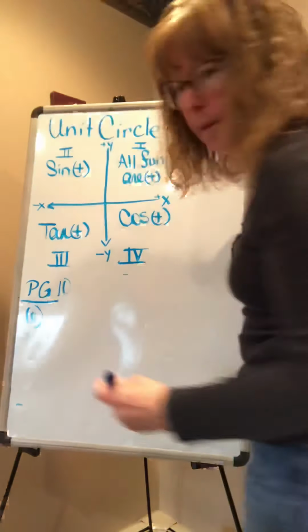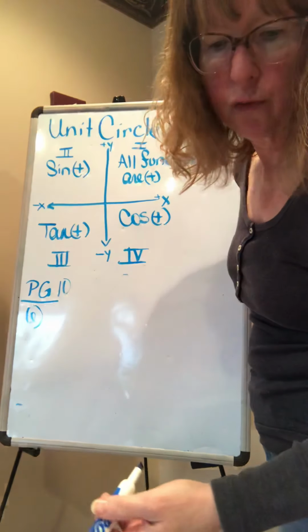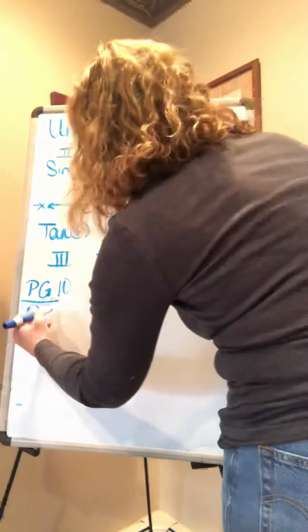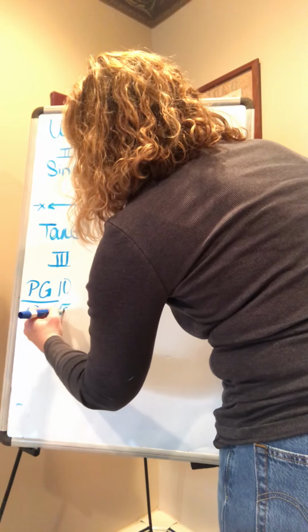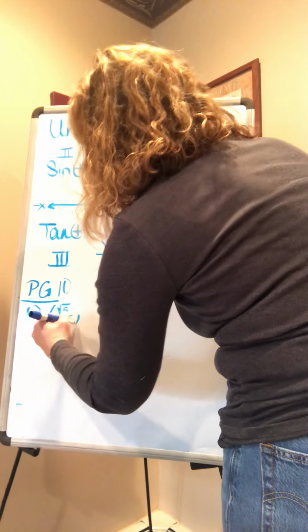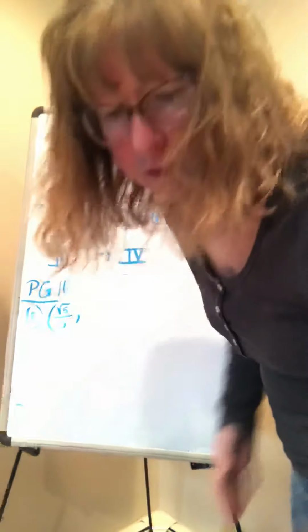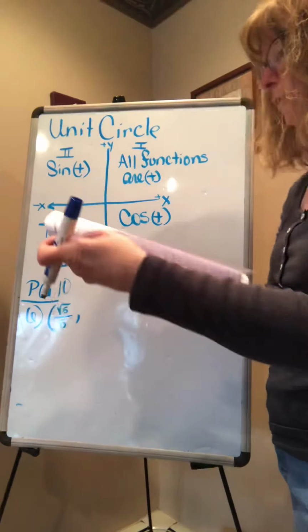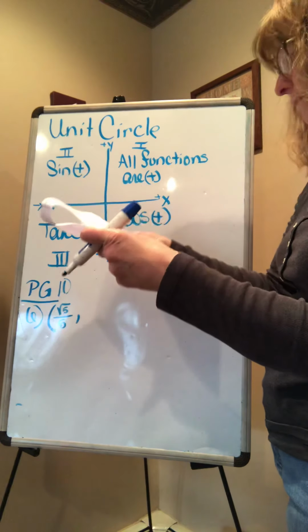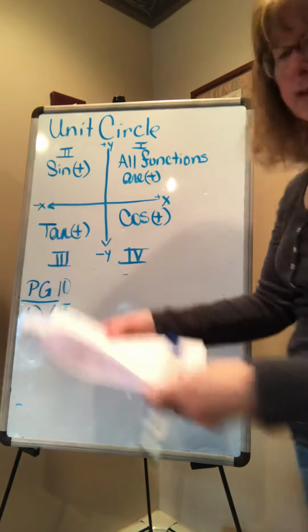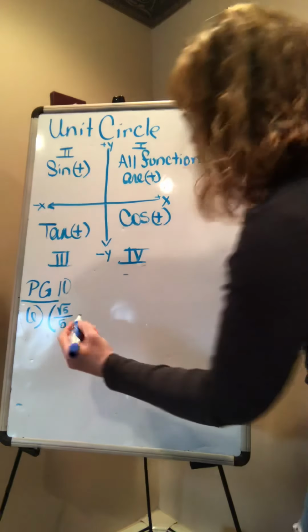Number 6 gives me the ordered pair radical 5 over 5 and negative 2 rad 5. Or is that a negative 2 rad 5? Let me just look at that a little bit more closely. Yes, that to me absolutely looks like a negative 2 rad 5 over 5.